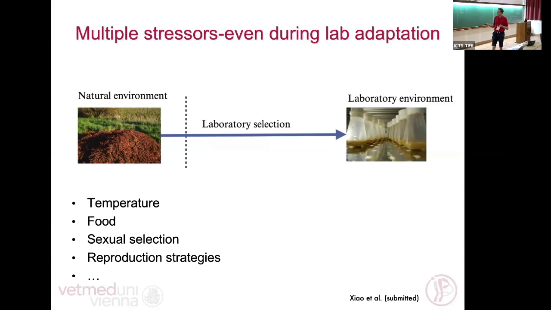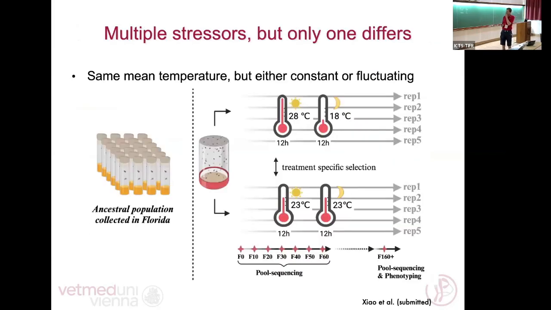The way that Zhangyi came up with looking at this, he said, well, we could keep everything constant, but modify only one factor. So what he did, he modified only temperature. He had the populations set up in the same way, brought to the same environment, and everything. The only thing that differed was the temperature.